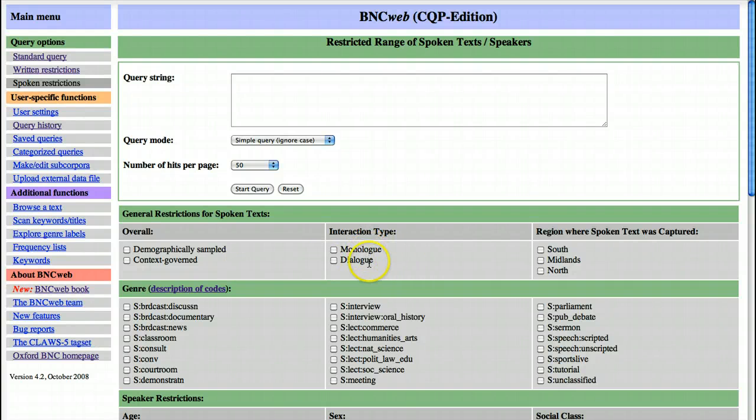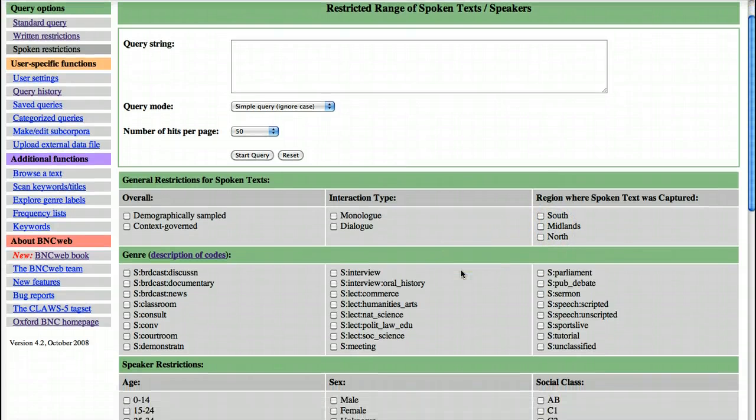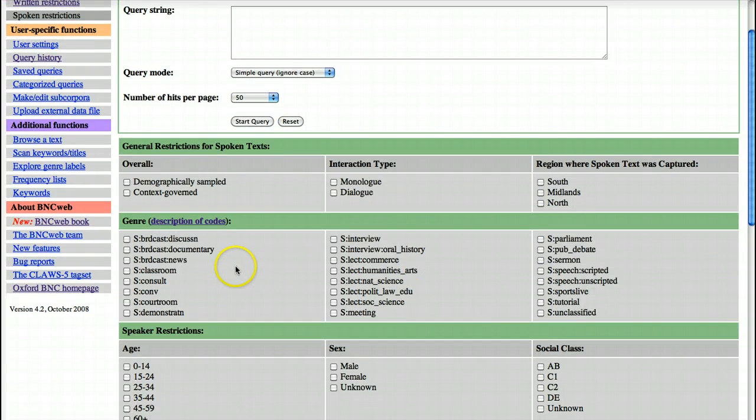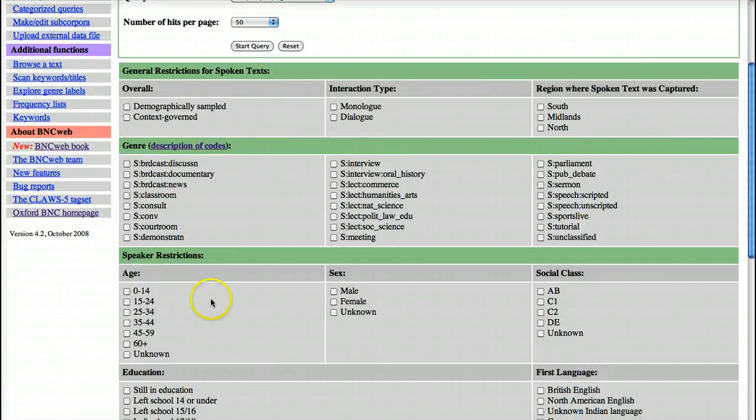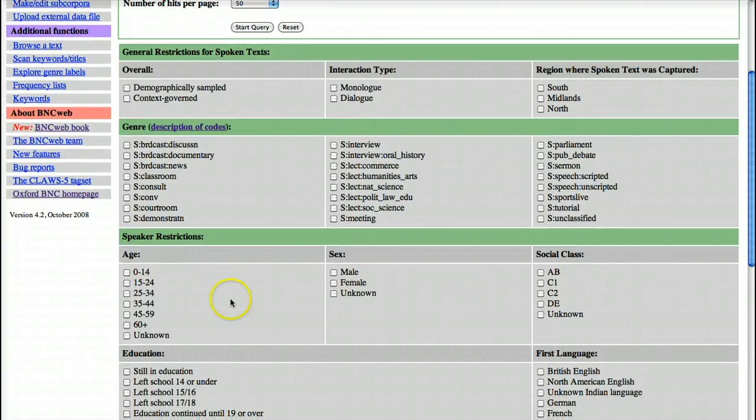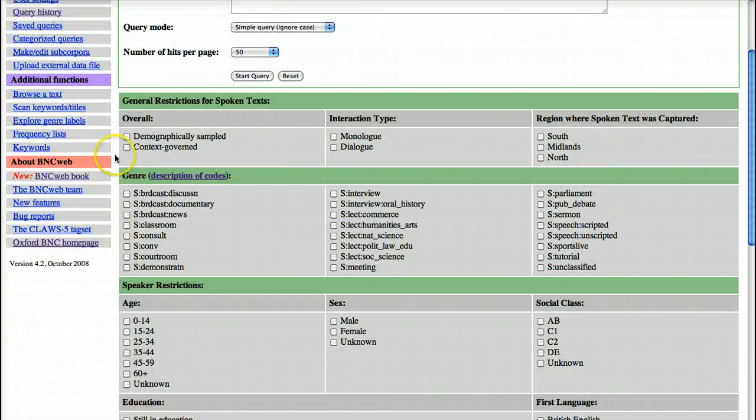We could look at just monologues, dialogues, regions where the spoken text was captured. Obviously this might not tell us all that much about the speakers, the actual speakers involved. Again, we've got David Lee's spoken genres here. So these are some of the text restrictions.